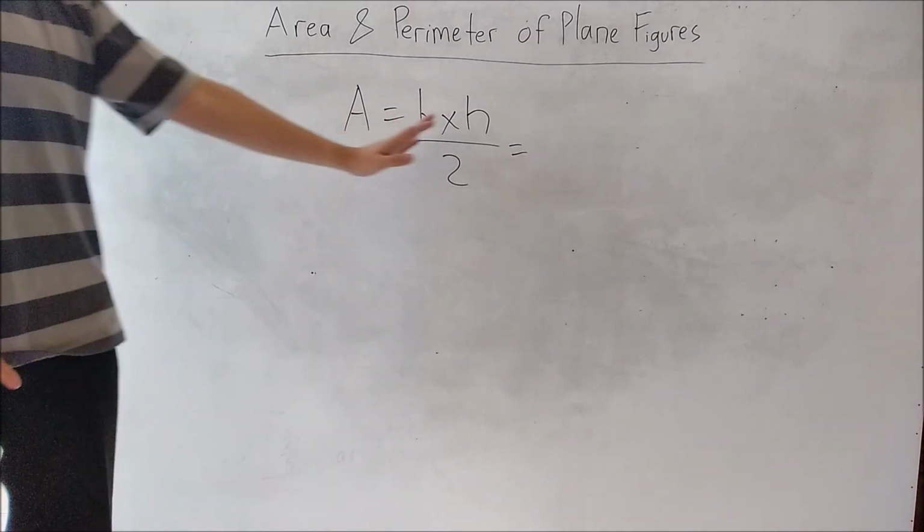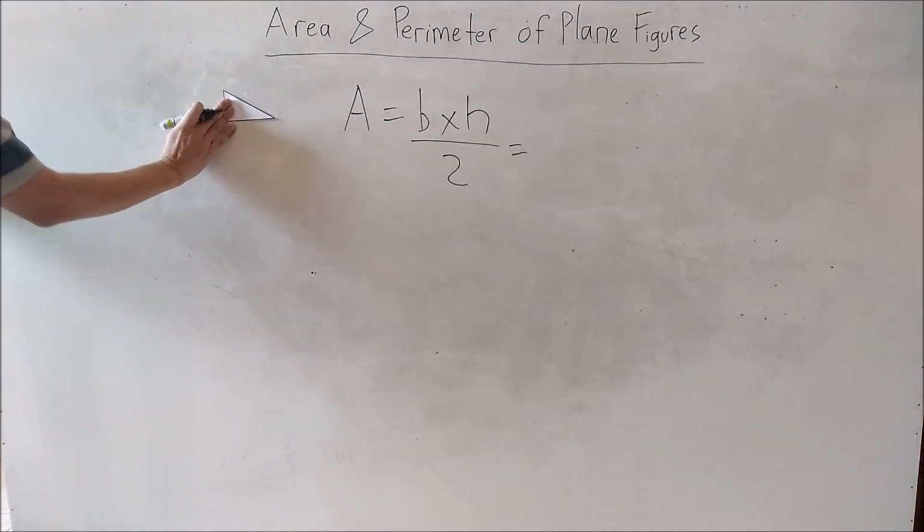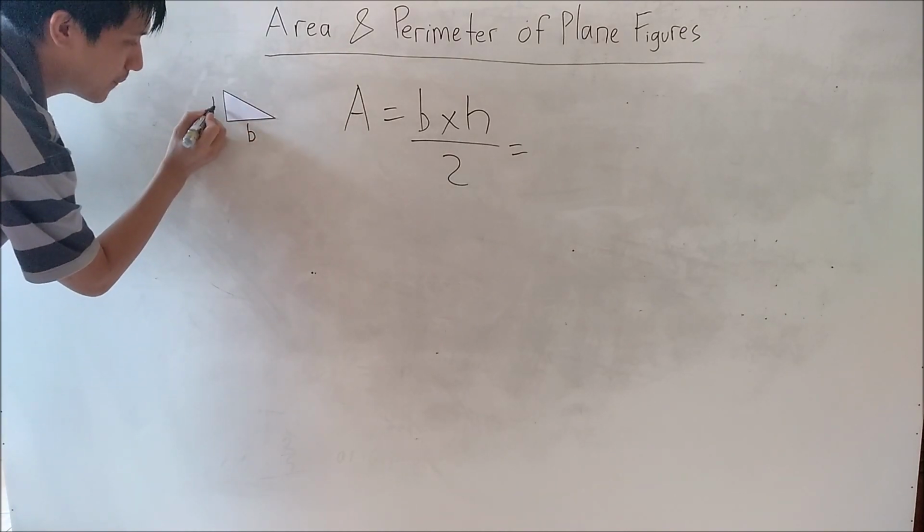How can a triangle get that formula? You know that when you see a triangle, this will be the base, right? And this will be the height.